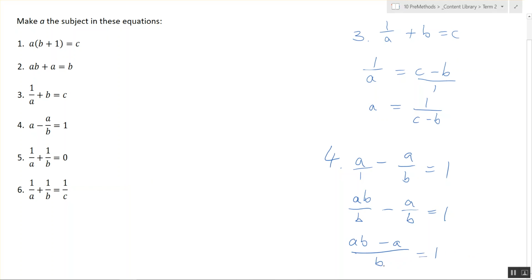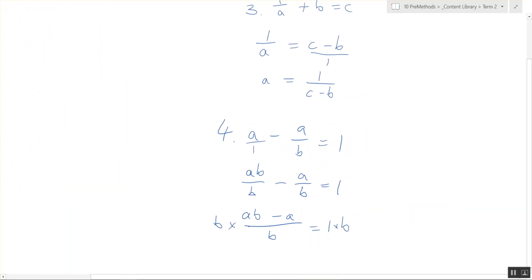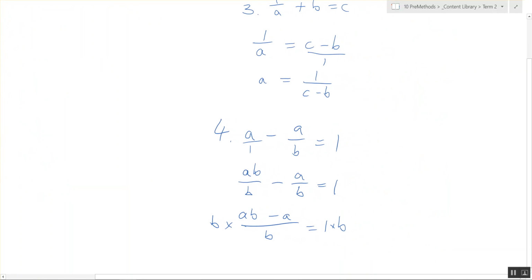To get b on the other side, all of this is currently divided by b. So we can multiply both sides by b. We are left with ab take a equals b.